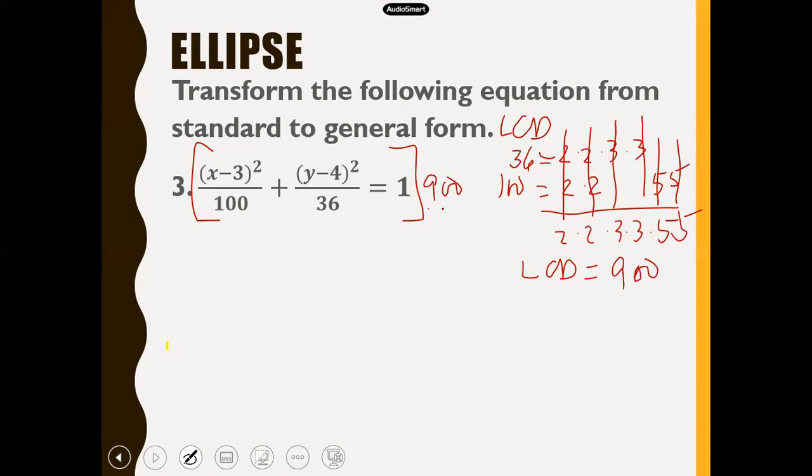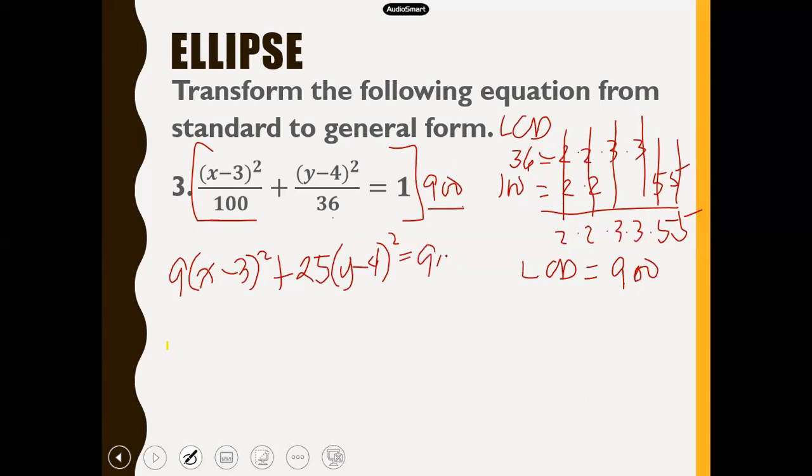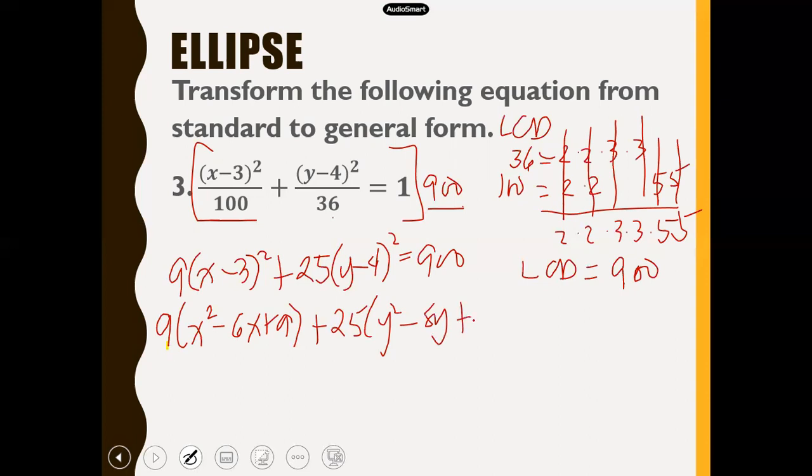This time divide natin 900, divide by 100 is 9. Then attach quantity x minus 3 squared plus 900 divided by 36 is 25 times y minus 4 quantity squared equal to 900. Okay. So expand natin yung terms. You also have quantity x squared minus 6x plus 9 plus 25 times y squared minus 8y plus 16.